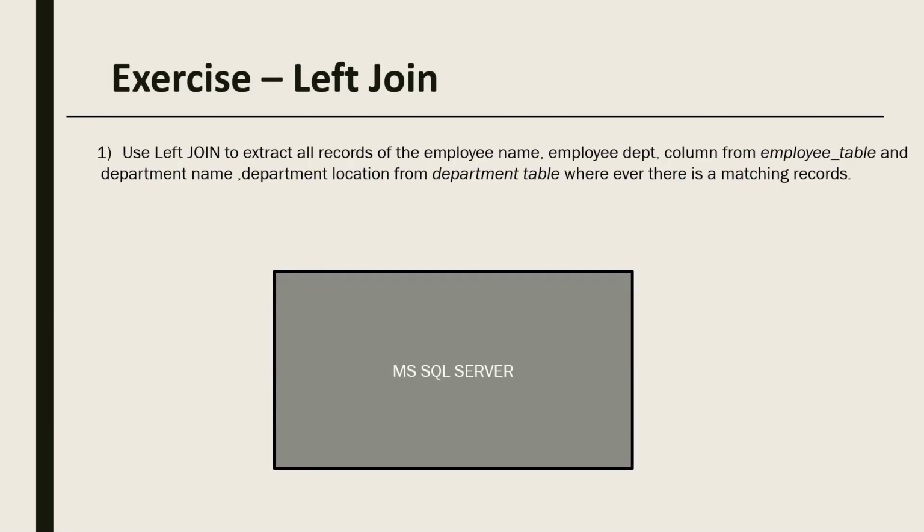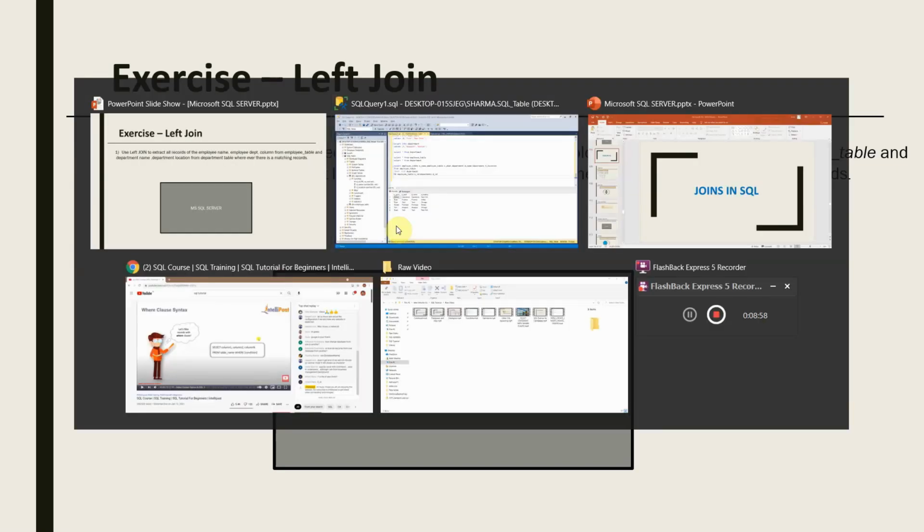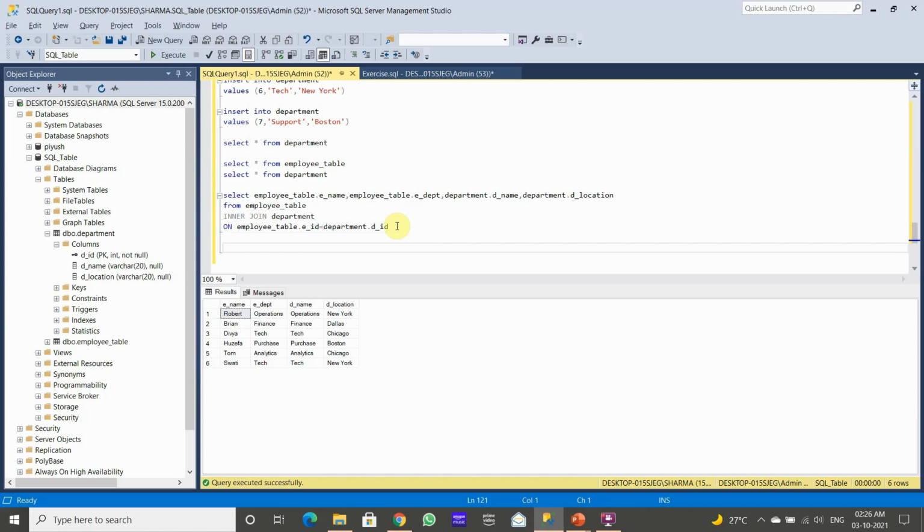And what's the question? The question is: use left join to extract all the records of the employee name, employee department from the employee table, and department name, department location from the department table wherever there is a matching record. Okay, let's do it. One more thing I want to explain here is the alias, how to use alias.